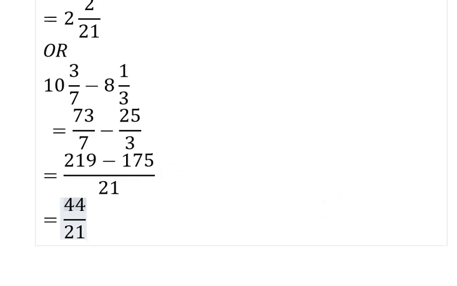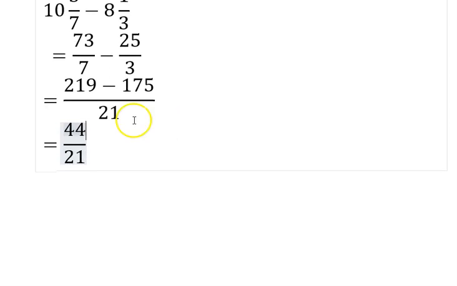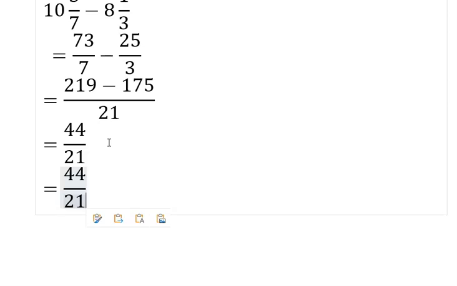Awesome. This is an improper fraction. So let's convert it to a mixed fraction. Okay, let's check. How many times will 21 go in 44? That's 2 times. Because 2 times 21 will give you 42.